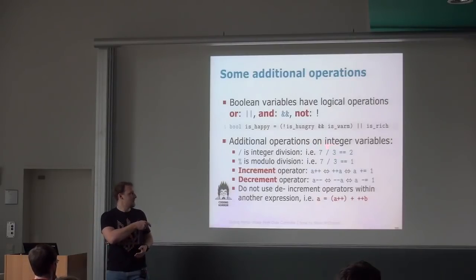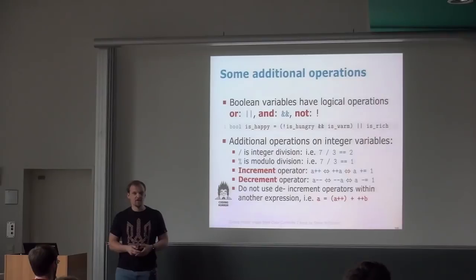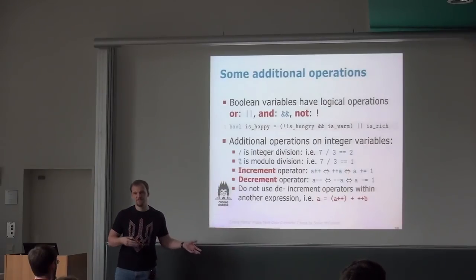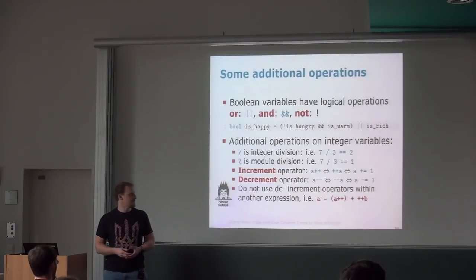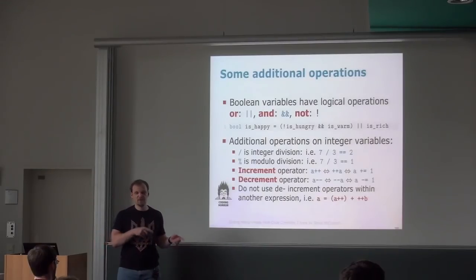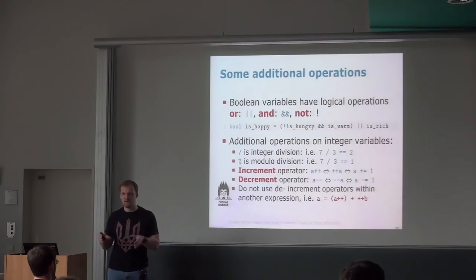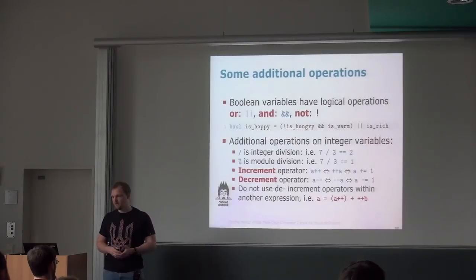So 7 divided by 3 is going to be 2, because 3 is within 7 only 2 times. For beginners, it causes a lot of mistakes. So when you divide one integer by another, always keep in mind that they are integers and they will stay integers. If you want a float, make sure you are actually giving it a float.